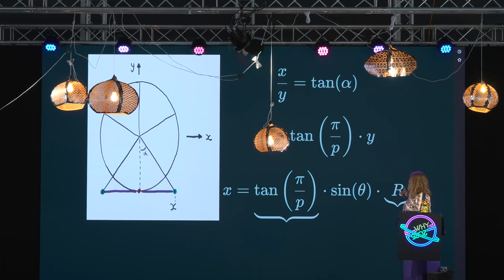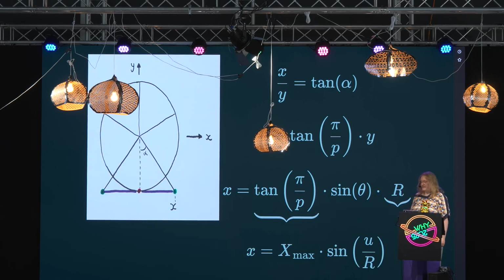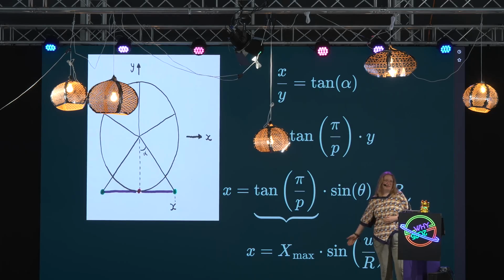And then we get this, and we can actually recognize these parts because they are just Xmax. So in the end, it's quite an elegant function for the math. I don't know if you can see it, but it says Xmax times the sine of u divided by r, which is the radius. So now we have our formula for a gore, and this is the basics of what you need.